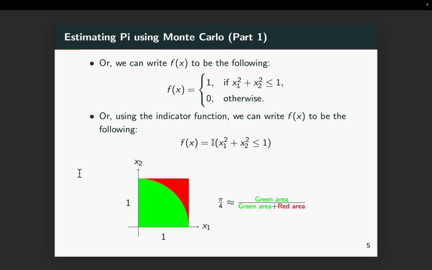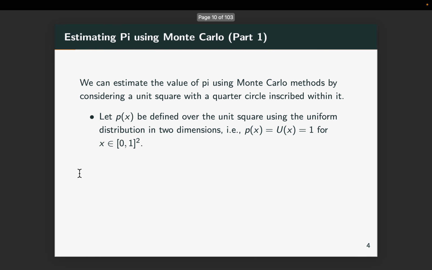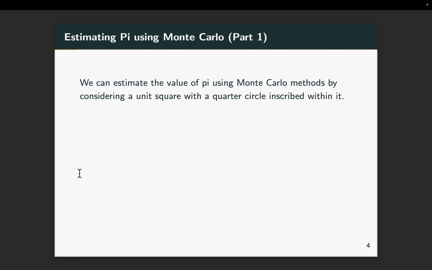The samples which are within this region of x1 squared plus x2 squared less than or equal to 1, their area divided by the total area will be equal to the ratio of pi by 4. So we start with this diagram as the representative picture, and what are the f(x) and p(x) that we want to be using for this example?